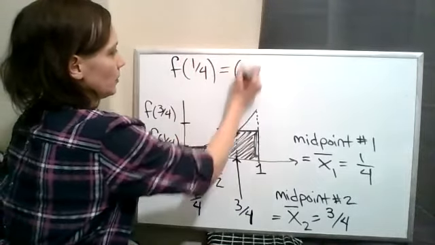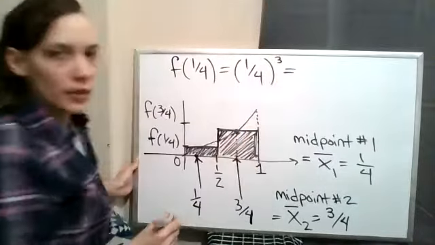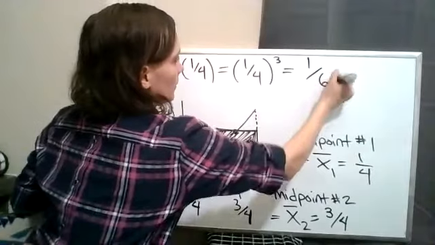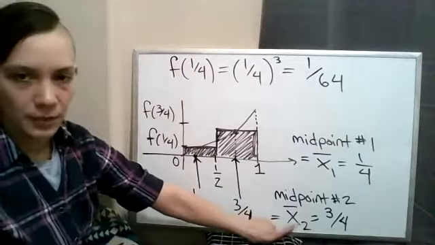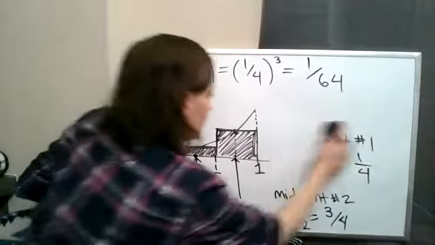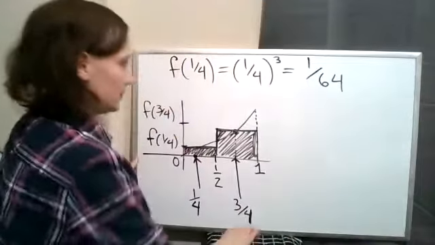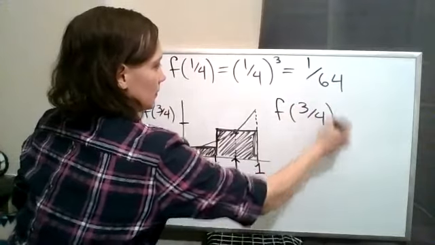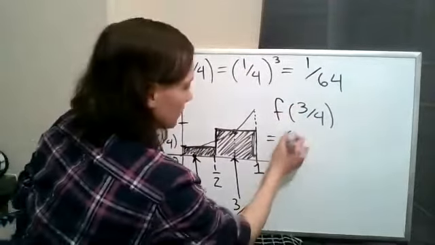Okay, f of 1/4 will be 1/4 cubed, which is 1/64. Okay, put in your other midpoint. It'll be 3/4 cubed.